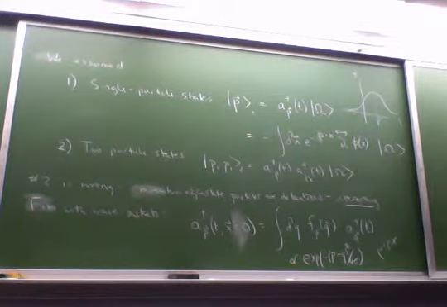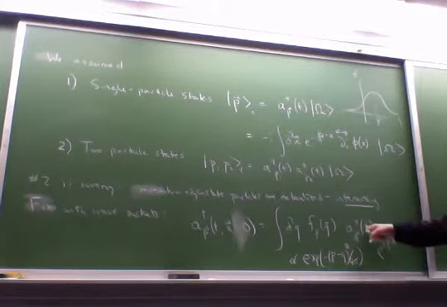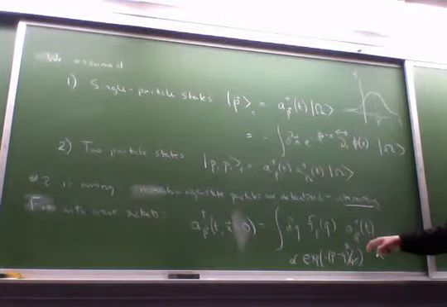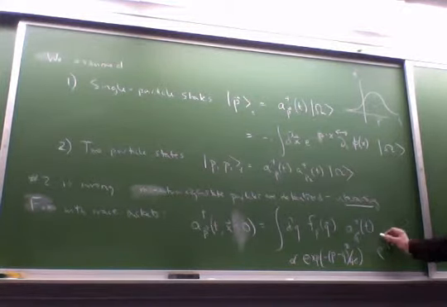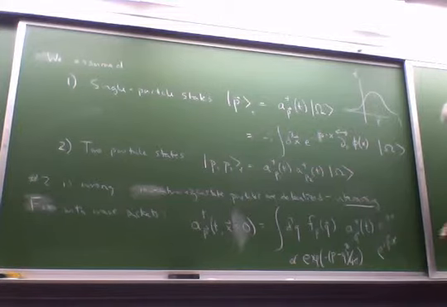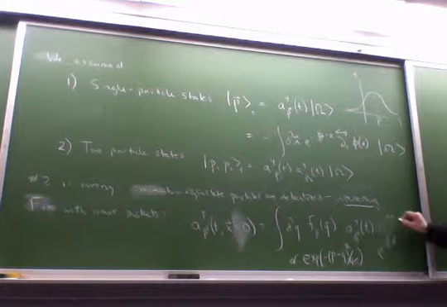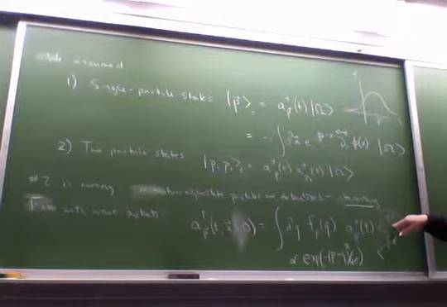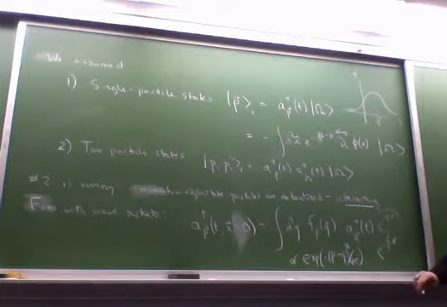That would shift it by x, and when it hits this a dagger here, it will add a phase factor in this integral that looks like e to the i q dot x. So this is what the amplitude to produce a particle at a general position x would be.